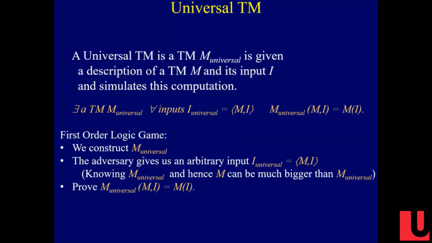Since the adversary tends to be evil, you can guess that M is going to have far more states than the universal Turing machine does.